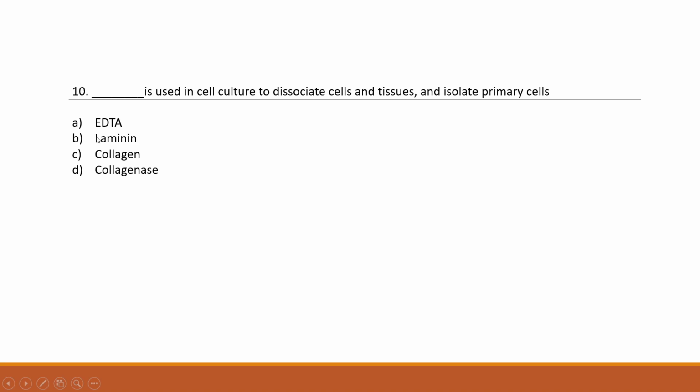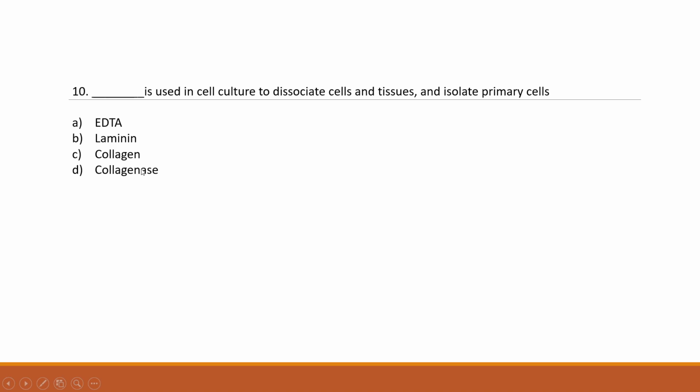Laminin is an ECM protein. Collagen is also an ECM protein. Collagenase is an enzyme. Anything that ends in -ase, you should expect to be an enzyme. It's a protease.